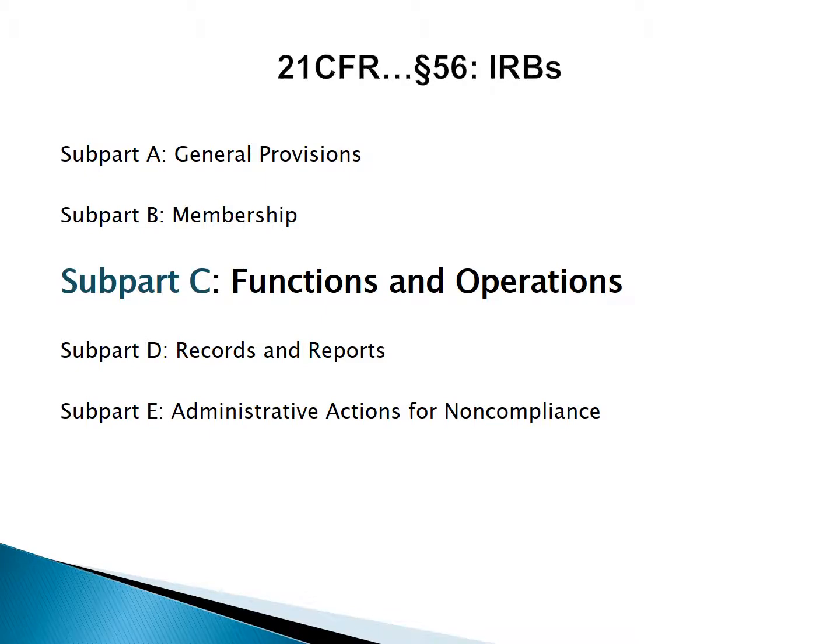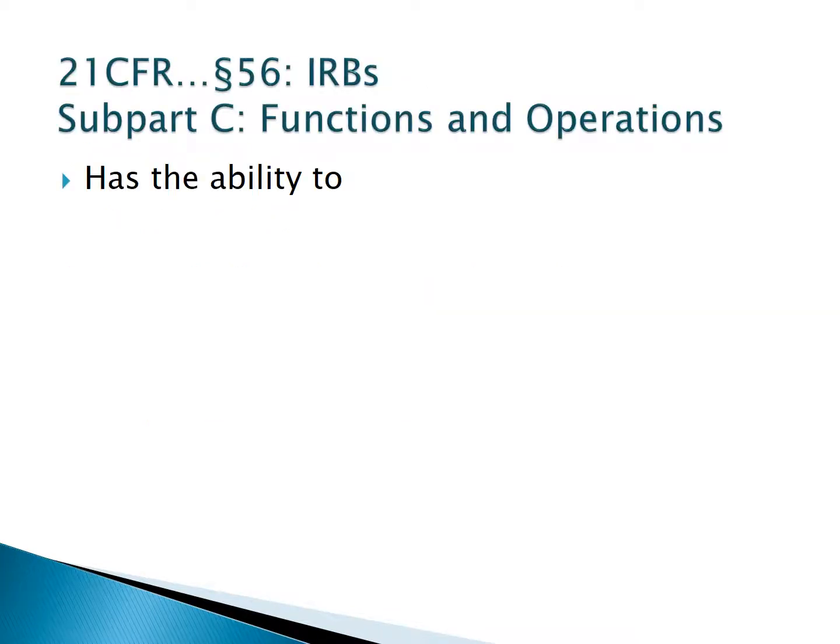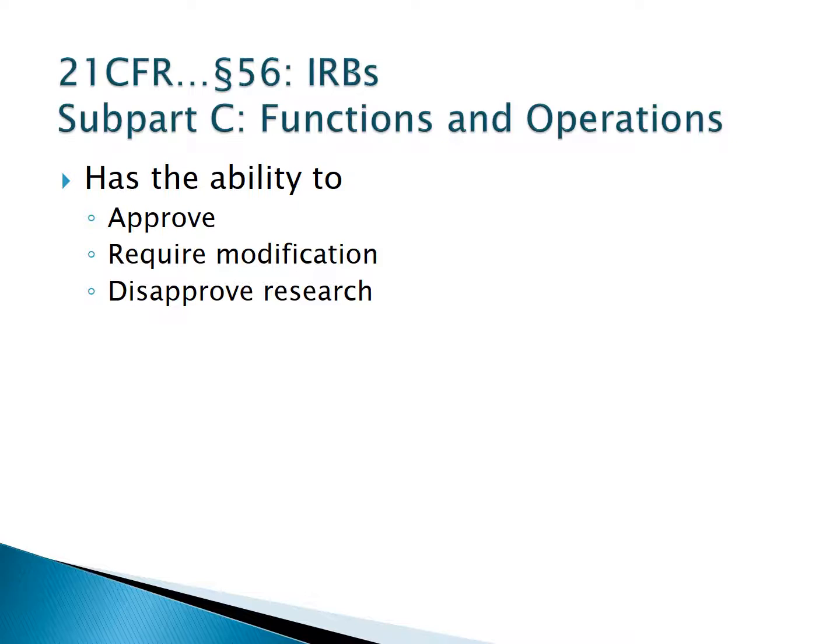So then the functions and operations of the IRB. The IRB has really sort of 3 things it can do to research. It can approve clinical research trials, it can require modification to the clinical research trial, or it can disapprove the clinical research trial. 3 things: approve, require modification, or just flat out disapprove.